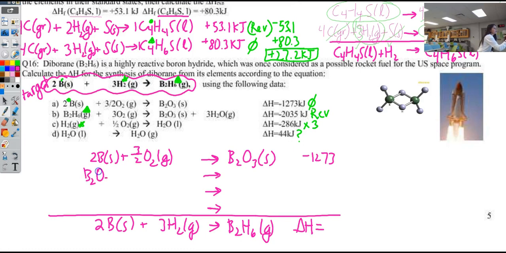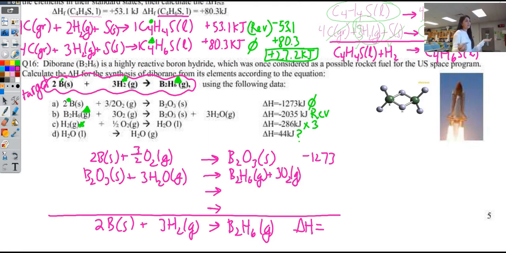So B2O3 solid plus 3H2O gas yields B2H6 gas plus 3O2 gas. Well, if I reverse it, the only thing I'm doing is changing my sign. So that's a positive 2035 instead of negative.